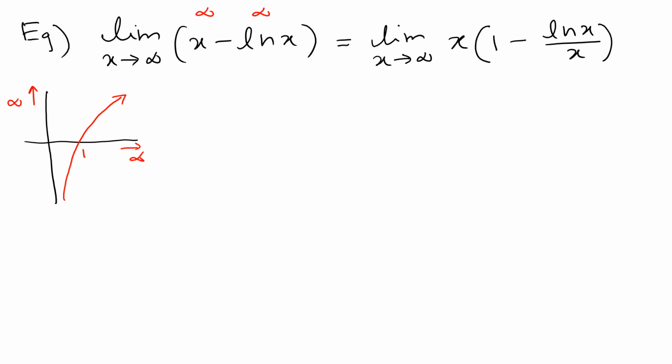Earlier, in type 1, we proved that ln x over x goes to 0, because ln x always grows slowly compared to other functions, compared to polynomials, compared to x, compared to e to the x. If you don't have this result, you have to prove it first, but remember it's a very important result. So it goes to 0.